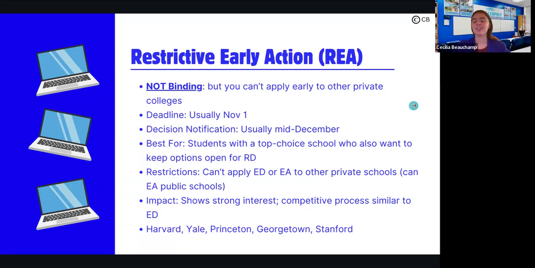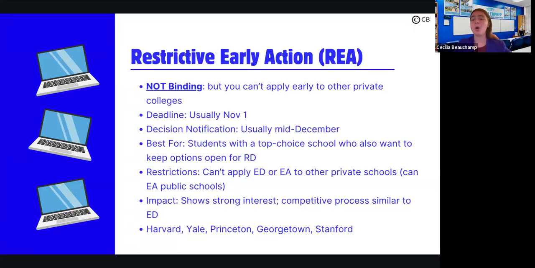Yeah, I'll add to that really quickly. This is something kind of unique, but some of you might be going through it. For me, I was going through the recruitment process as an athlete while also applying to schools on my own time. So it was really important. I didn't want to be bound to a school in case I received an athletic offer that I liked more.